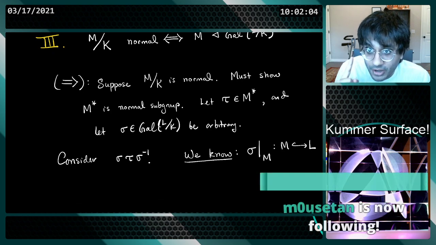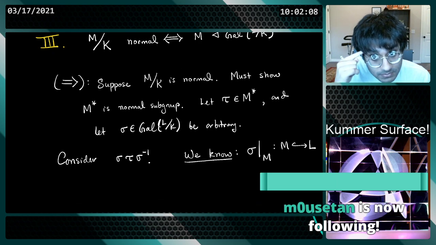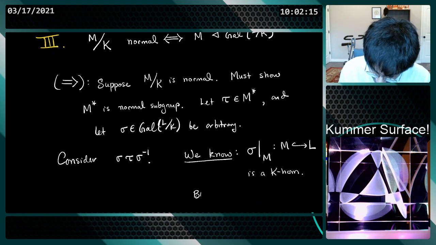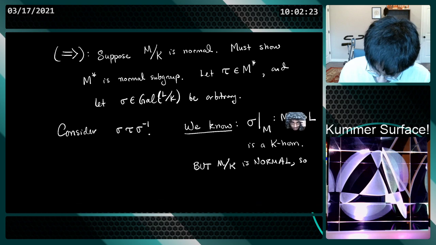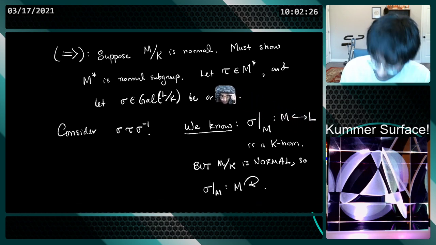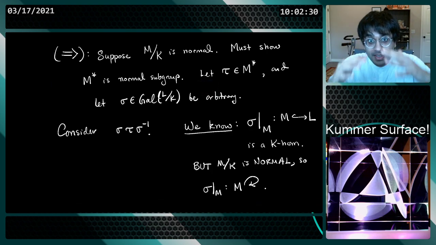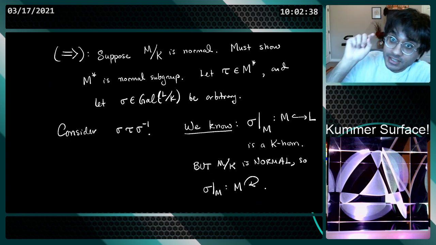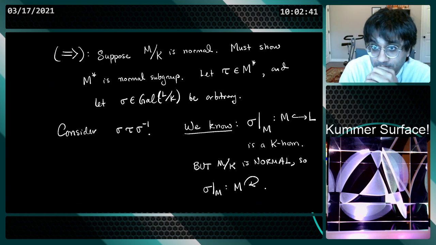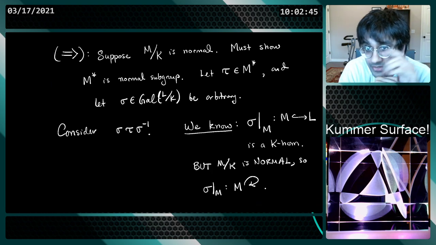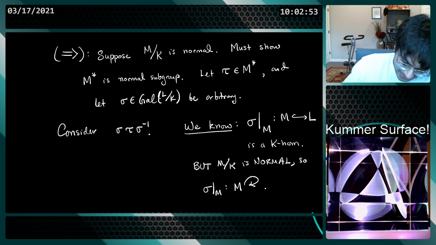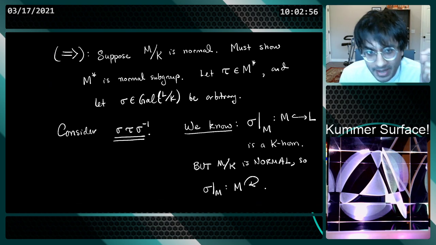And so it's actually an automorphism of M. In other words, an element in the large Galois group has to restrict to an element in the small M over K Galois group if M over K is normal. That is something we get with M over K being normal. And now you consider this element and you see what it does to M.